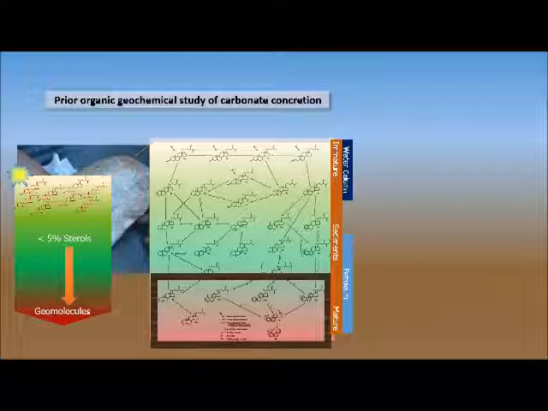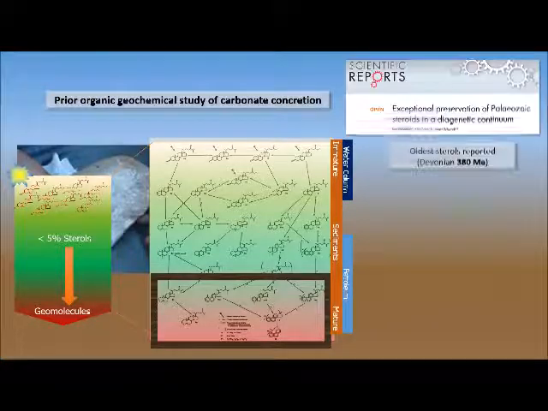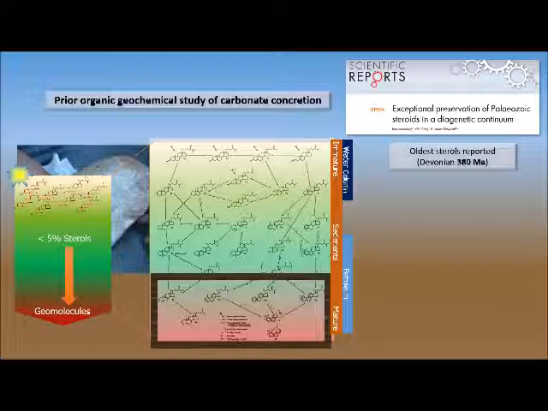And what I forgot to mention is that this concretion is actually from the Gogo Formation, so 380 million years old. So basically, she reported a continuum of steroids, but also the oldest steroids ever reported. She put the oldest steroid back a bit more than 200 million years. So that was quite a find.